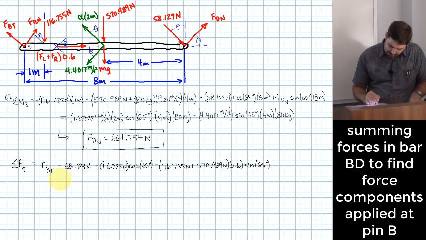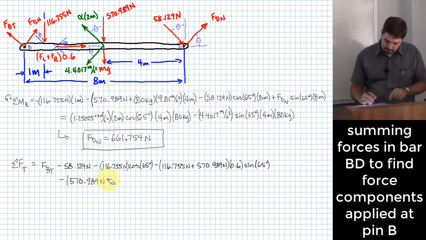I'll subtract 570.989 newtons, and I'll add to that the mass times acceleration of gravity.